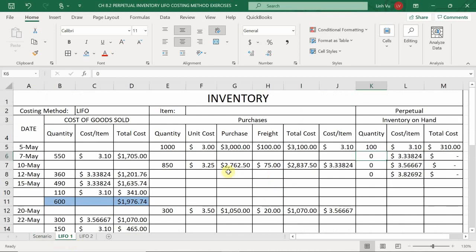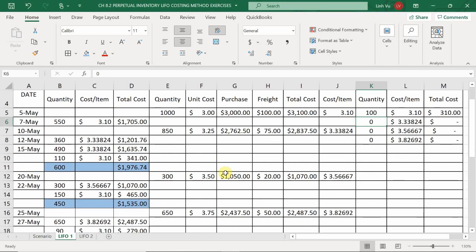Okay? So as you can see, at the end of the day, all my batches of inventory that I purchased are all gone. Where if you remember from the previous one, we still had remaining inventory from the last couple batches. Okay? So in this case, that's how I'm going to calculate it: I'm going to work backwards.